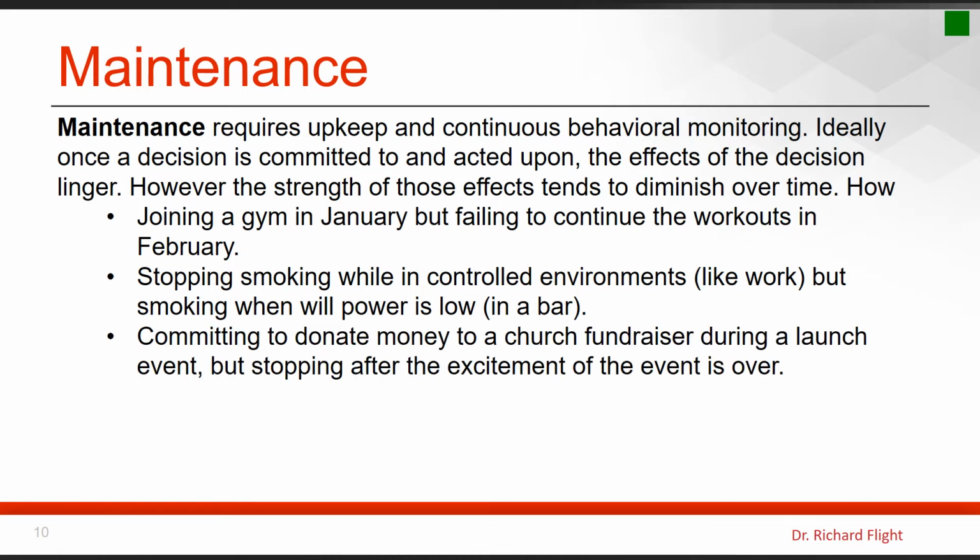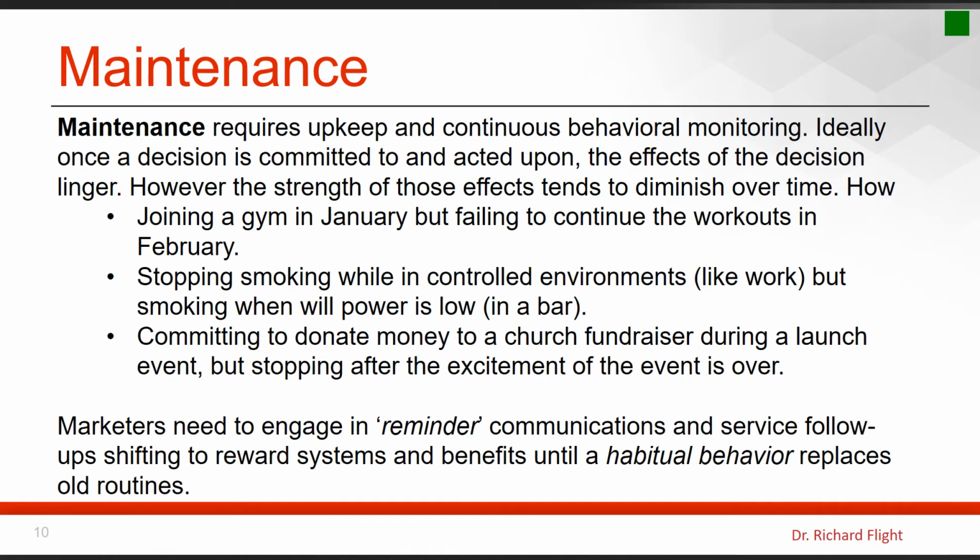Committing to donate money to a church fundraiser during a launch event is common, but then not actually sending in the money a month or two later after the event has taken place is a maintenance issue. So we've got to maintain motivation, maintain incentives, maintain all of this to continue on.